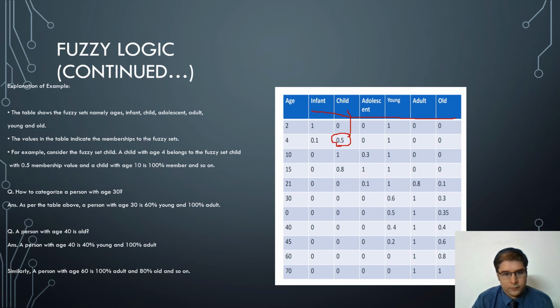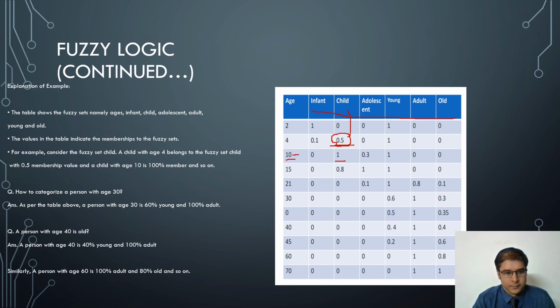A child with age 4 belongs to the fuzzy set child with 0.5 membership value here, and a child with age 10 is 100% member. So for age 10, the value of child is 1. So as I told, the membership value varies from 0 to 1. So this is a 100% member of said child, the age of 10 that is.